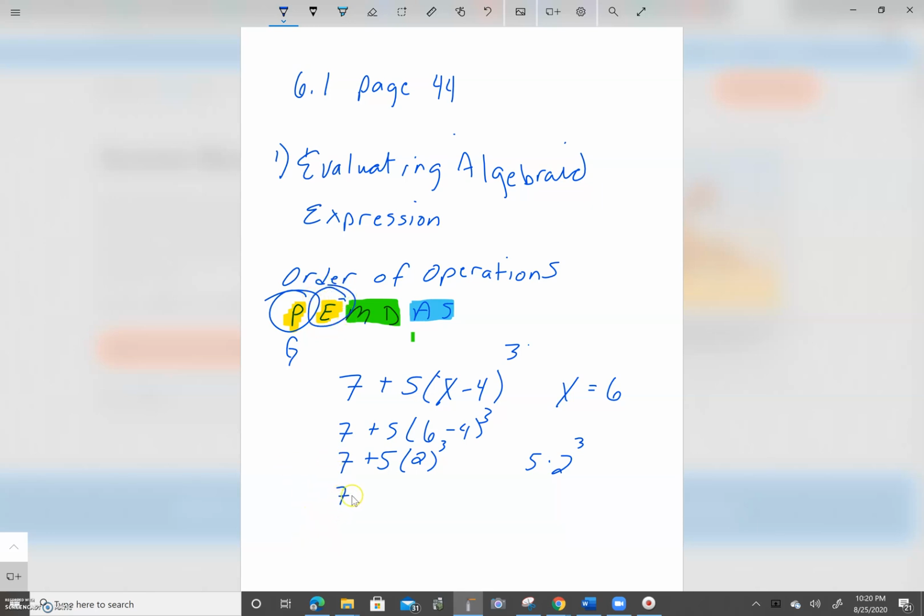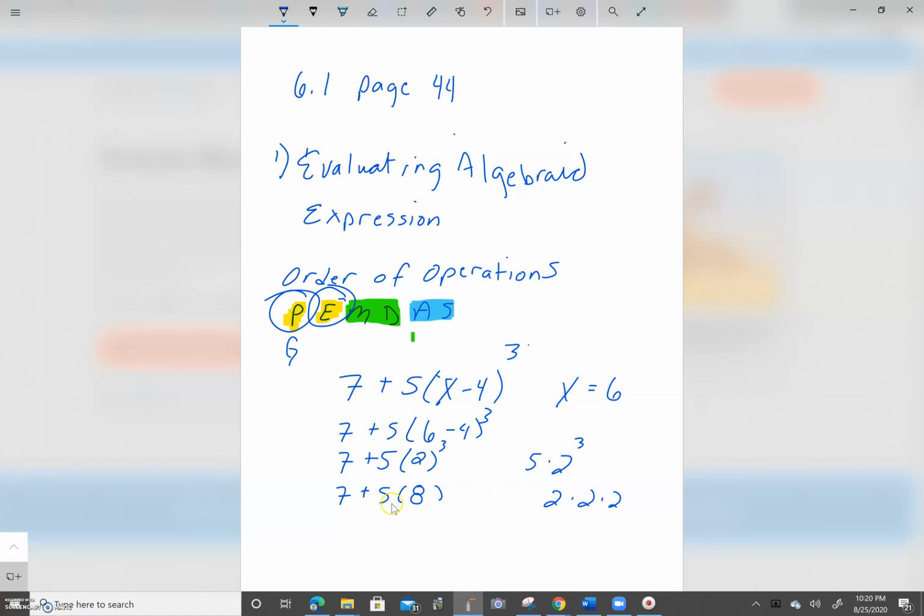So now I'm going to have 7 plus 5 times, and like I said, I like to keep those parentheses, 2 cubed. So 2 times 2 is 4. And then again, because 2 cubed, if you remember, is 2 times 2 times 2, which is actually 8.